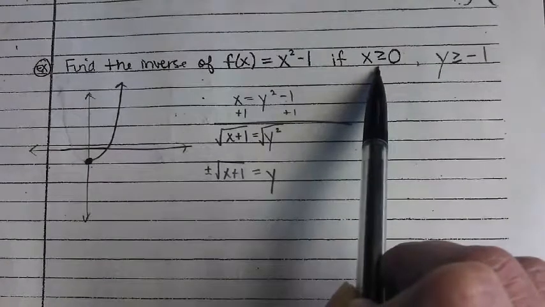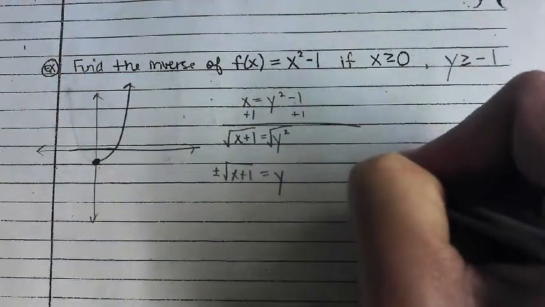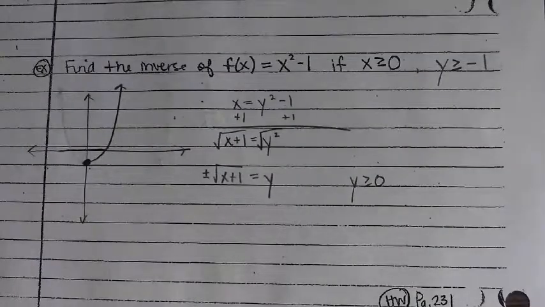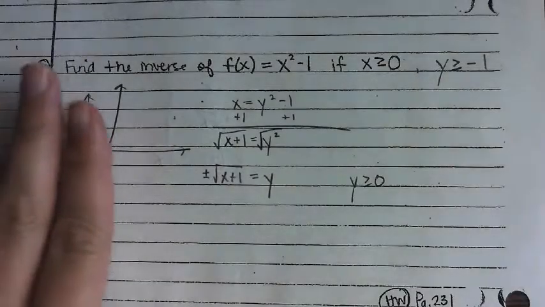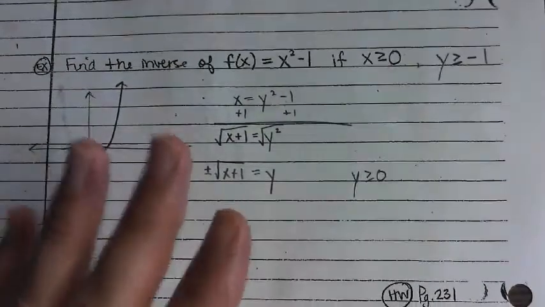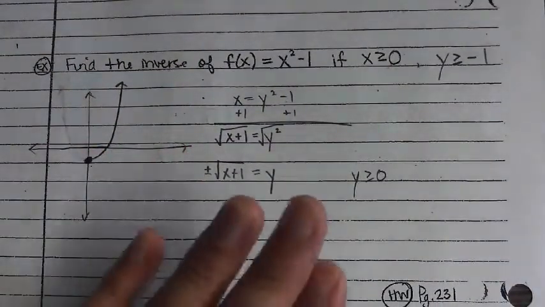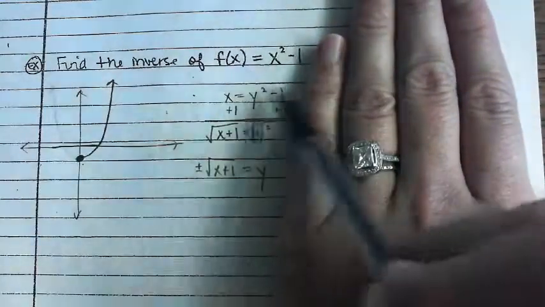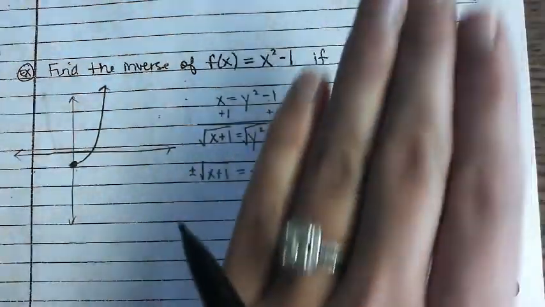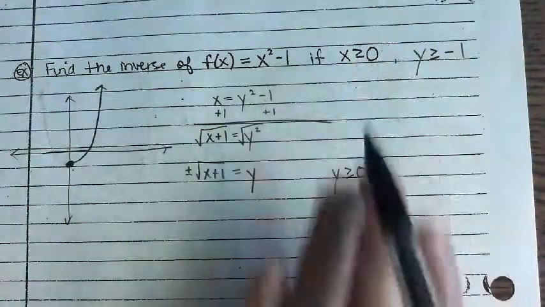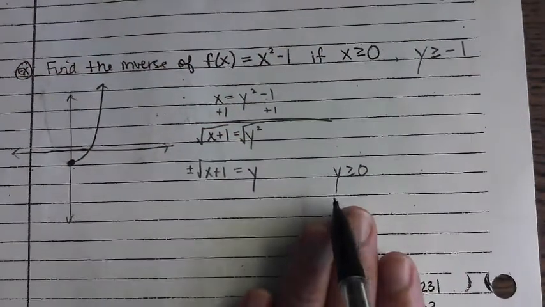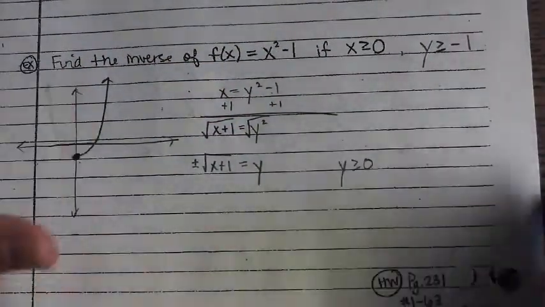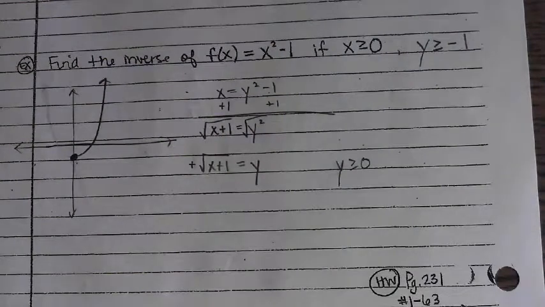Y has to be greater than or equal to 0, because all things x's and y's flip-flop. Which means where we are right now is that y has to equal plus or minus, which actually is not true. It would have been true if we hadn't limited the domain and we were just doing the inverse of this. But because we had a limited domain, now we have a limited range. And so if y has to be greater than or equal to 0, we can get rid of that plus or minus and just keep it plus. Follow that?